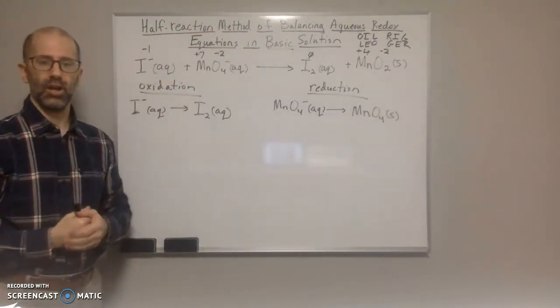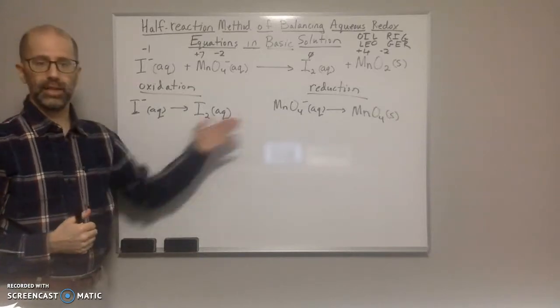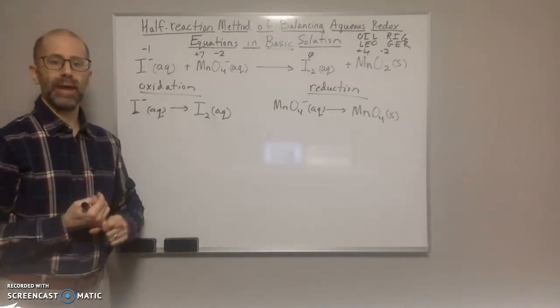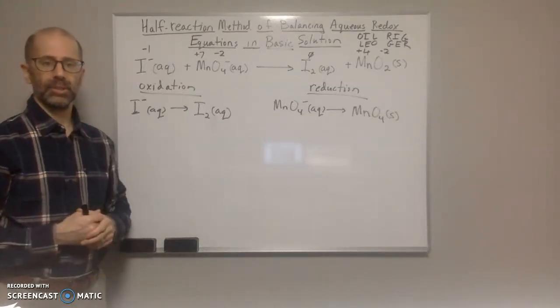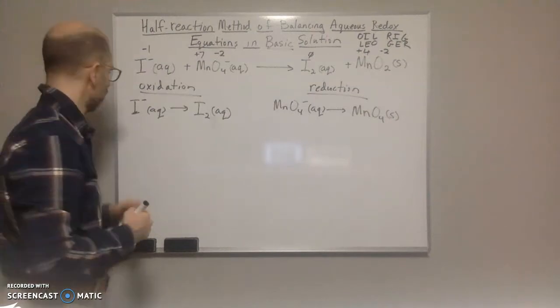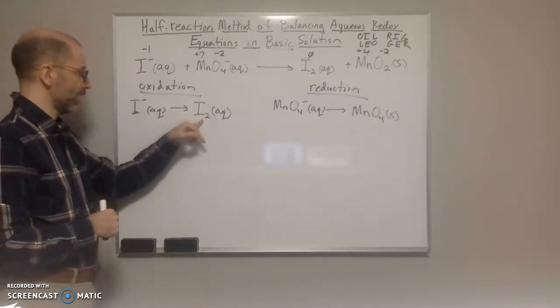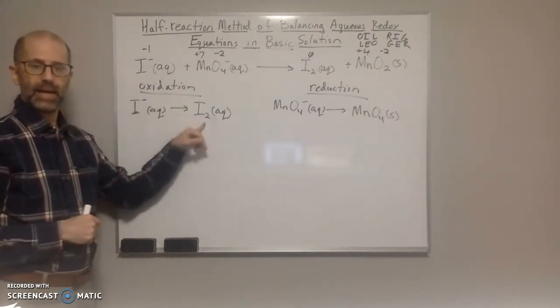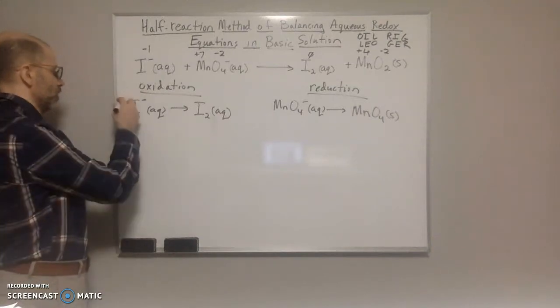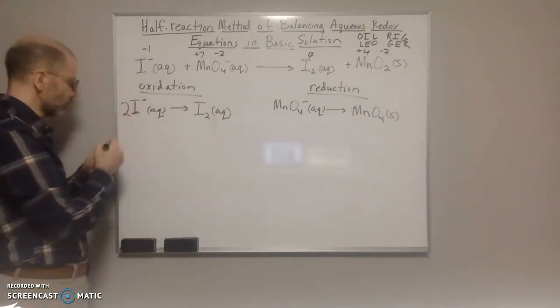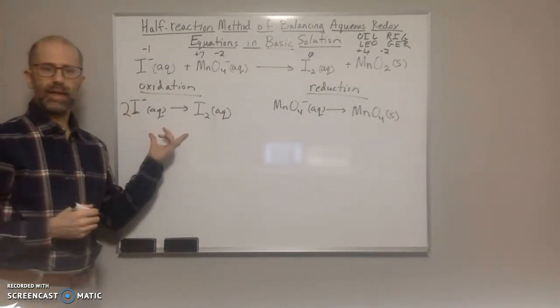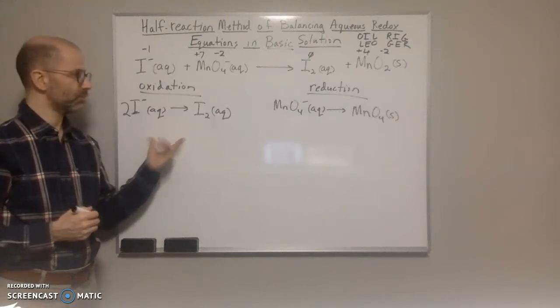Now we've got to balance both of them. So the first thing you want to do is balance the atoms, balance the mass. Okay, so here I have 2 iodine atoms on this side. I only have 1. So we're going to have to put a 2. Okay, so now the number of atoms is balanced for this one.